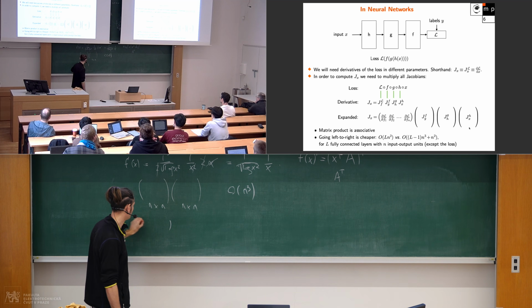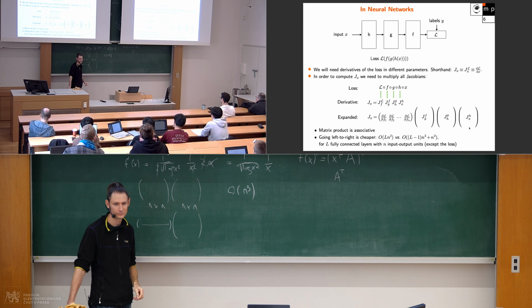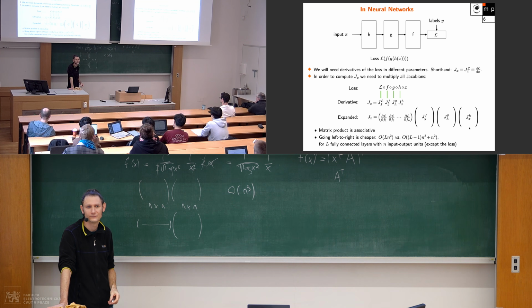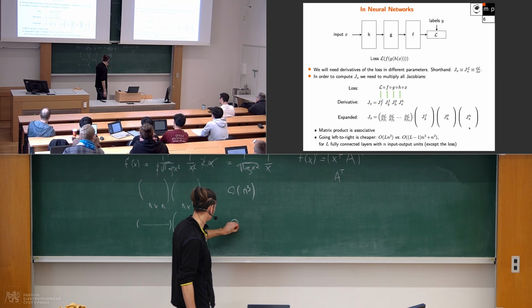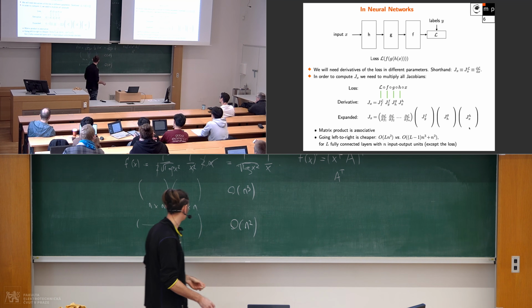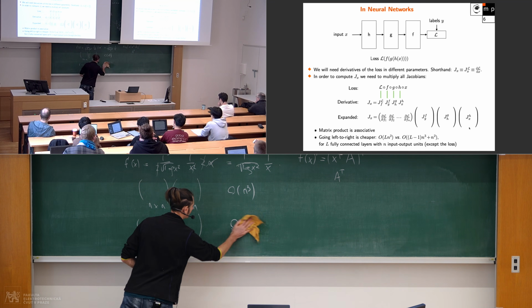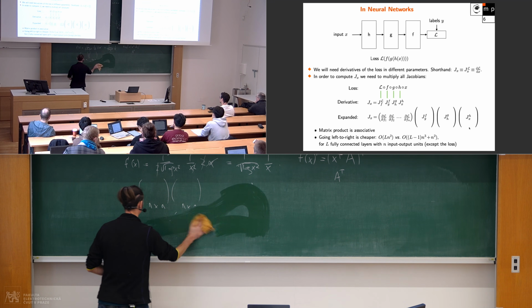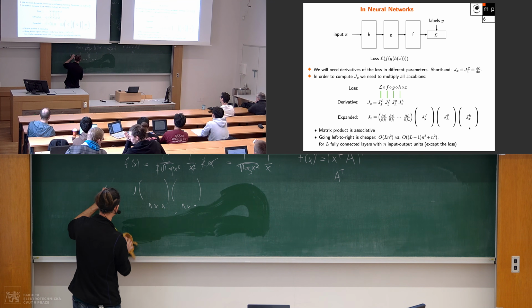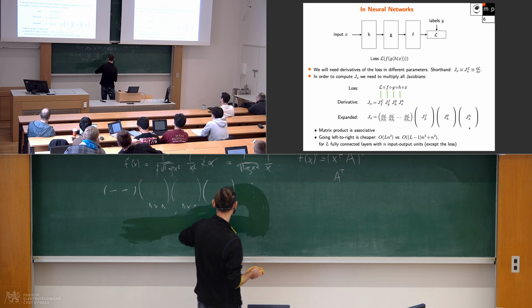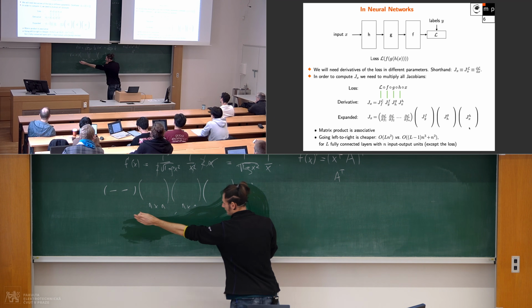And the time complexity to multiply one vector with a matrix? Okay, yes, so that's n squared. Good. Now, what is our goal? Our goal is to compute this product. And this product is associative.